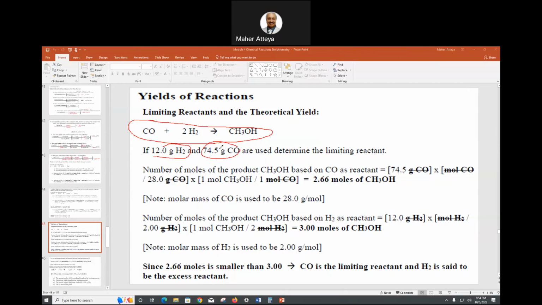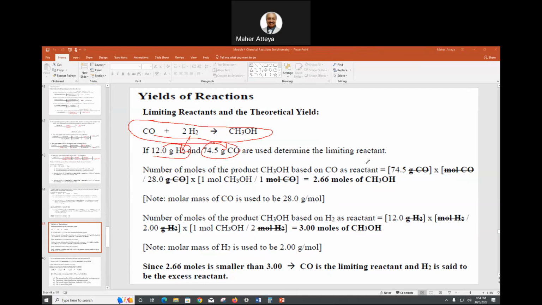So I have two reactants: this one here is hydrogen, and this one is carbon monoxide. So I know the grams I started with. Now the question is, what is the limiting reactant and what is the theoretical yield? The theoretical yield is how much I will obtain based on the smallest amount of reactant being consumed 100%, so based on the limiting reactant.